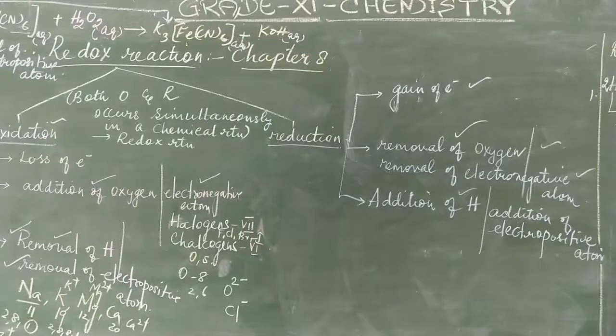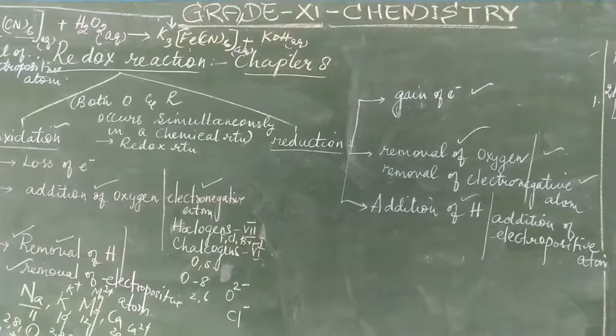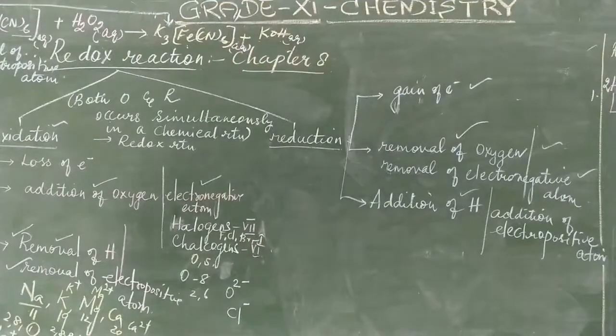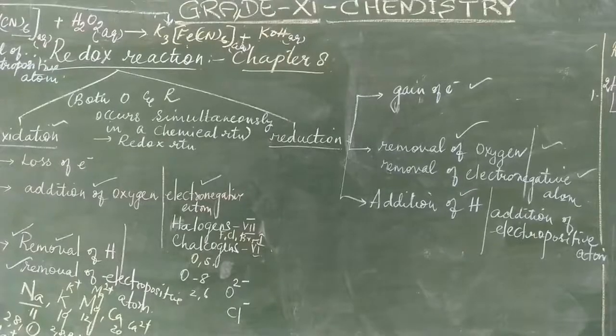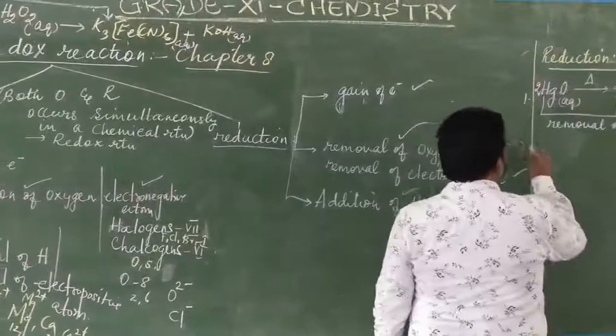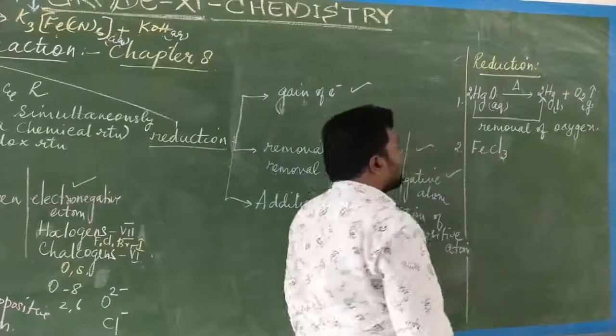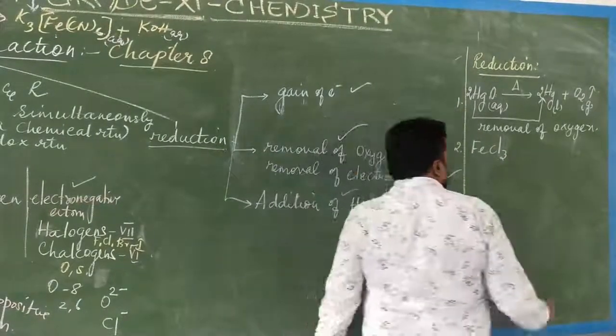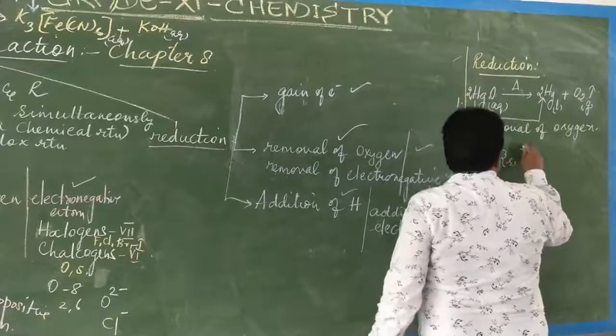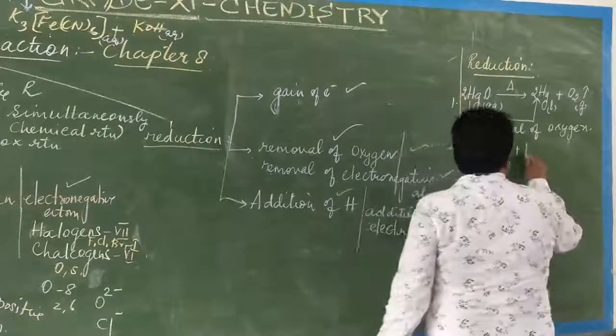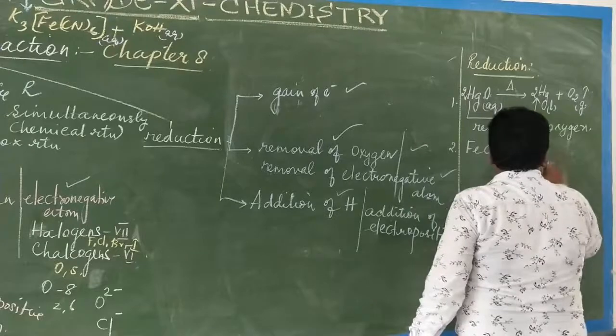Similarly, one more example we can write: ferric chloride with hydrogen. The formula is FeCl3, ferric chloride, which is in the solid state, combining with hydrogen, which is a gas.